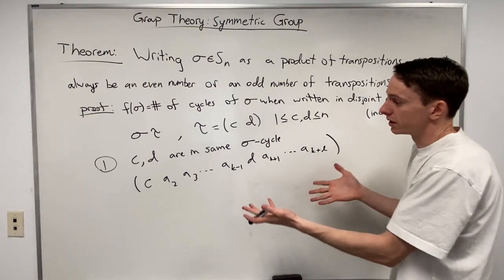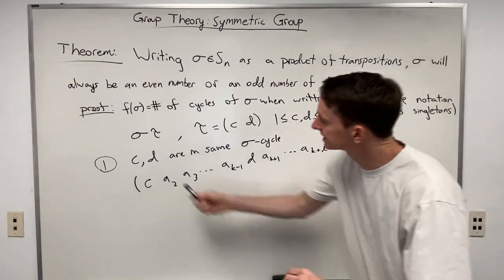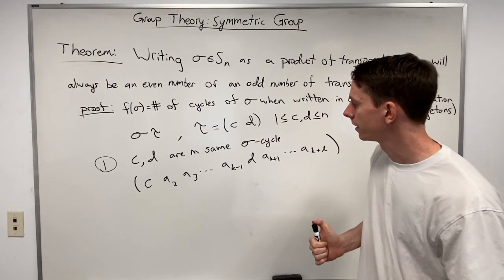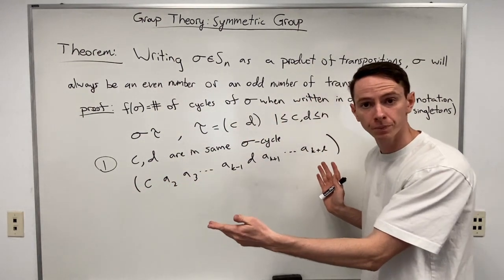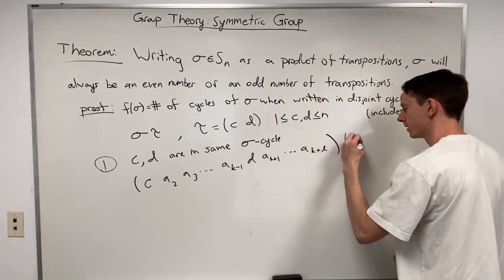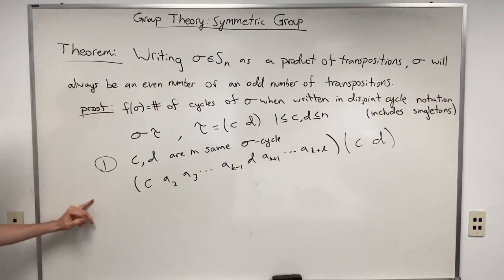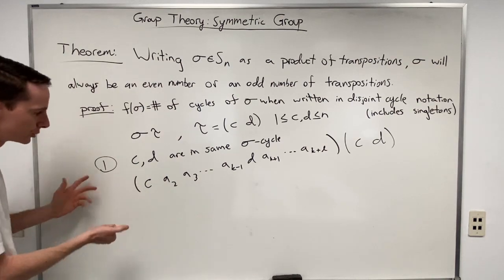This is part of sigma, and let's keep in mind that because sigma is in disjoint cycle notation, even if we had other cycles besides this one, when we multiply sigma by tau, in other words by (c d), any other cycles cannot contain c or d. Why? Because it's in disjoint cycle notation.